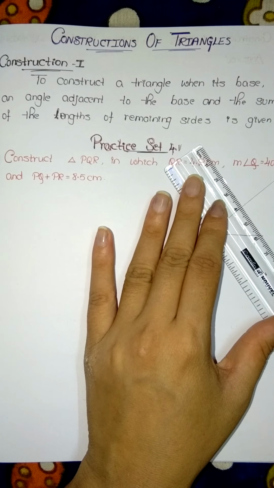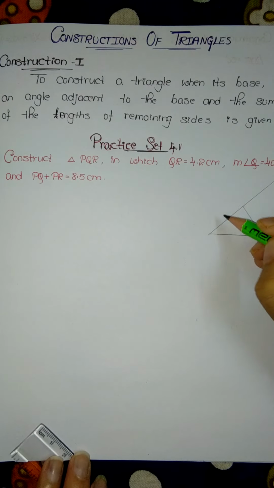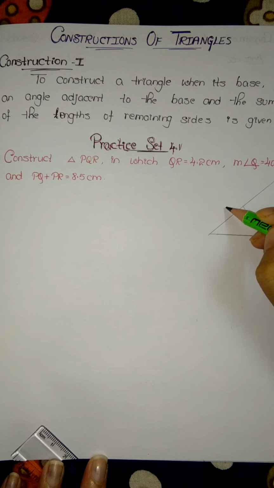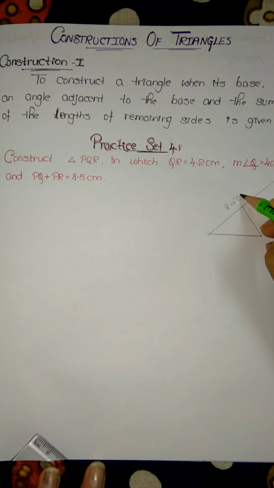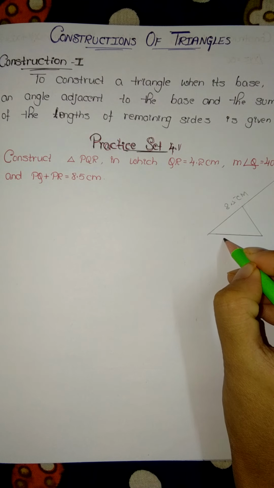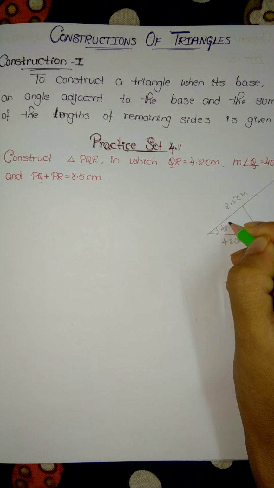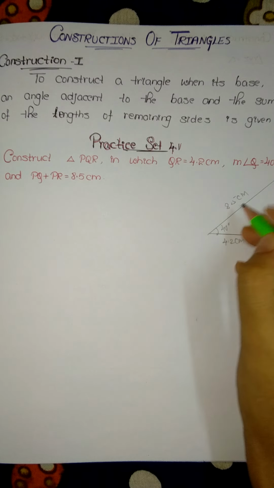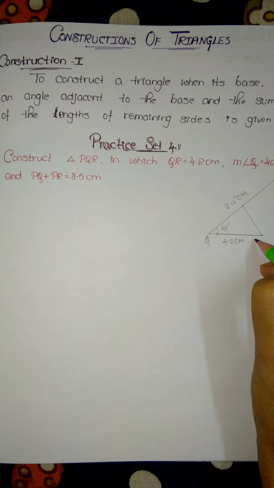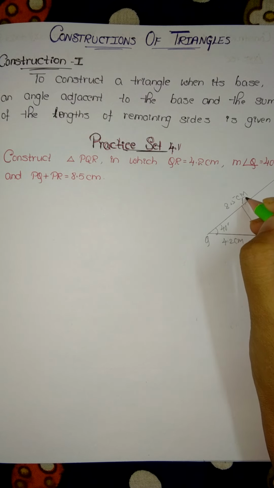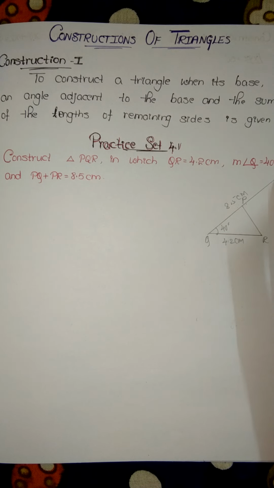So here join this one and it becomes this entire length is 8.5 centimeter, and this one is 4.2 centimeter, and this is 40 degree. So this triangle is PQR, and mark any point here that is S. So the length of QS is 8.5 centimeter.